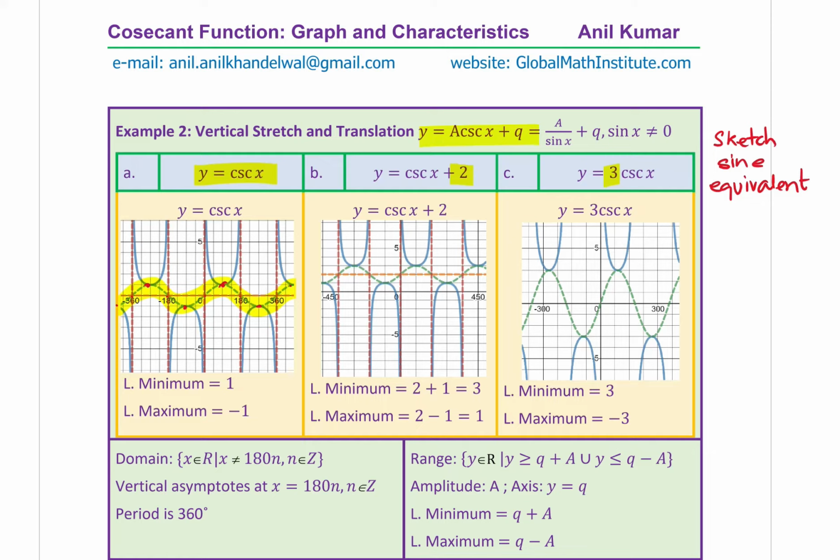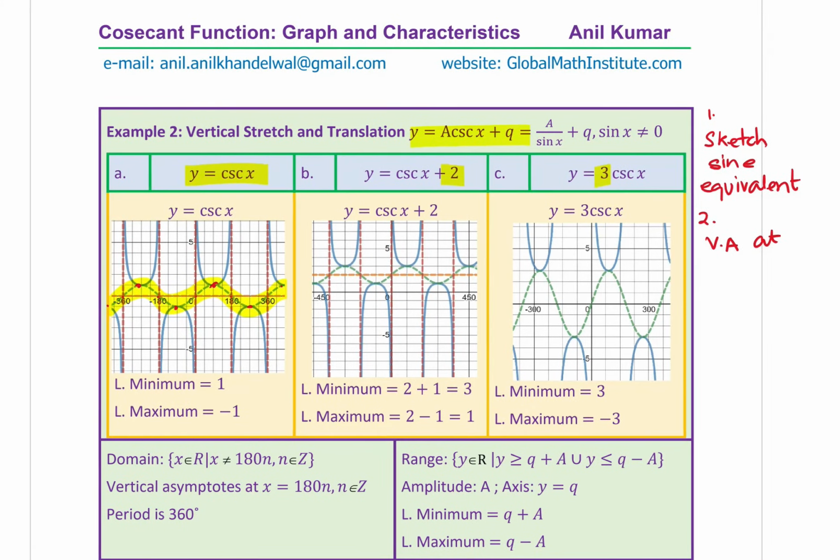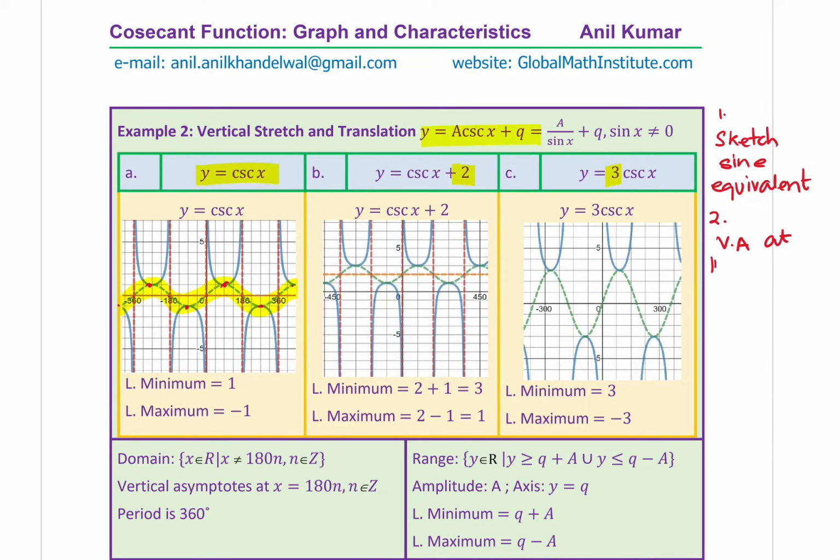The second step will be vertical asymptotes at the intersection of the axis and the sine curve, right?